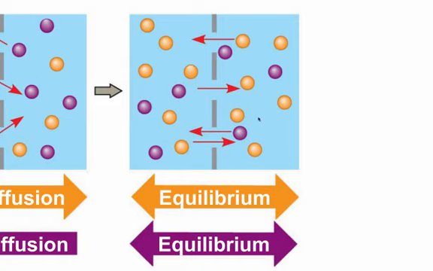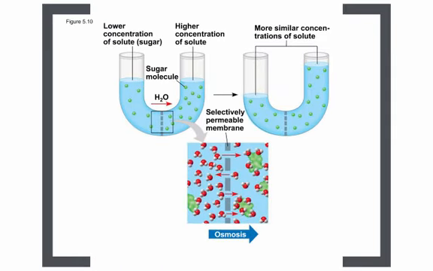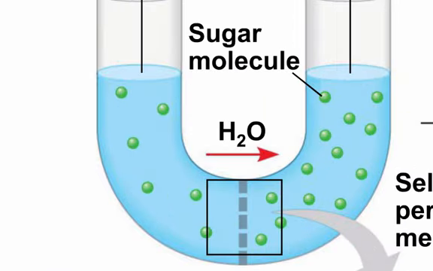Now there are other factors that affect exactly how much of each solute moves to each side, but you get the basic idea. So what does this have to do with water? Well, there are lots of situations where cells have different concentrations of solutes than their surroundings. And water is going to move from one side of the cell membrane to the other. So let's look at how that works.